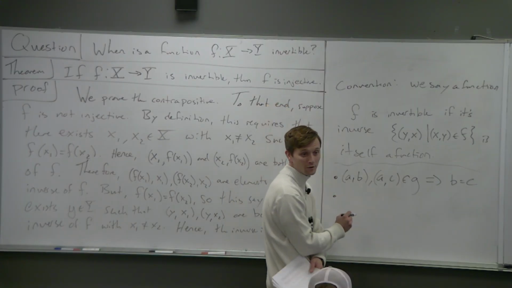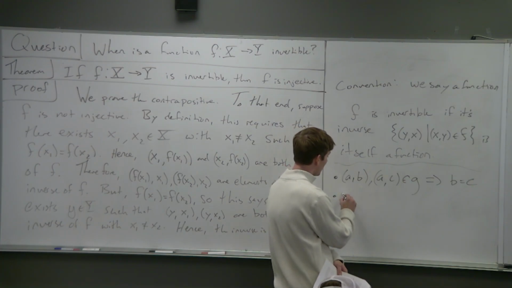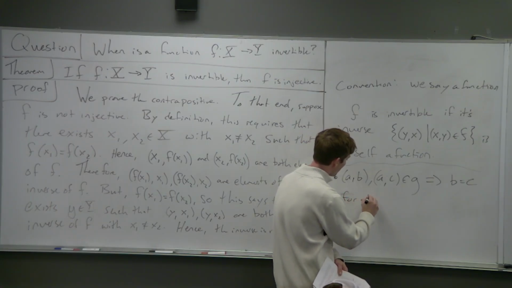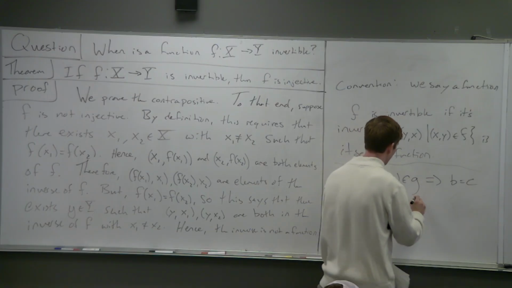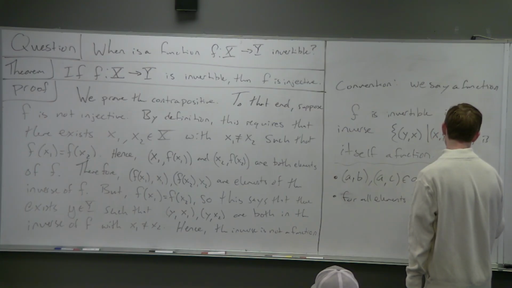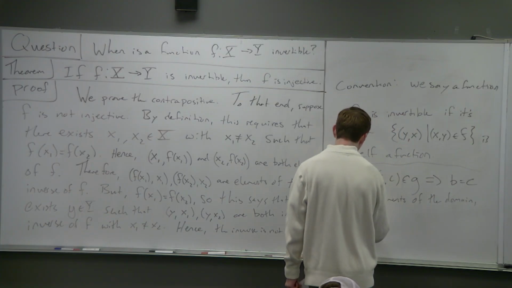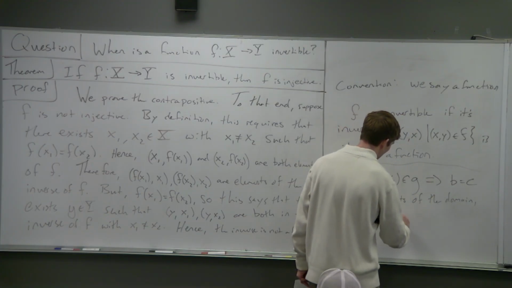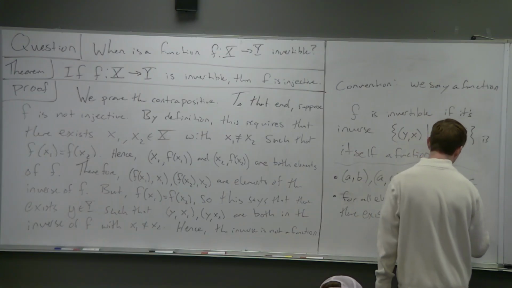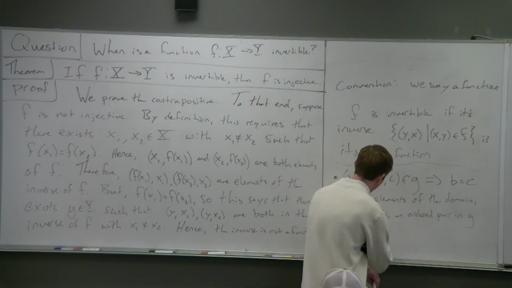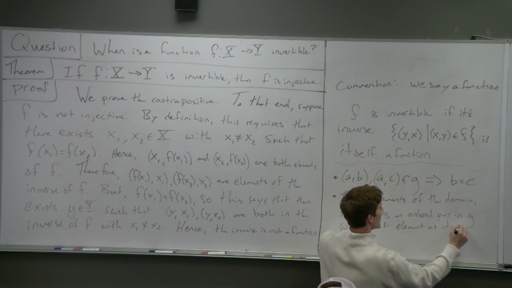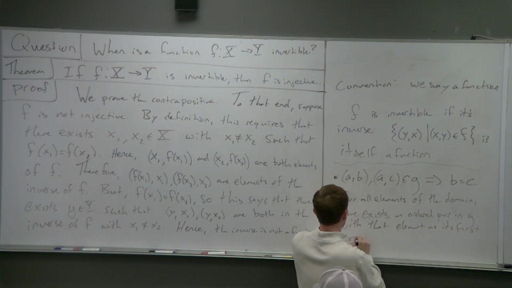And then there's another piece you also need, which says that for all elements of the domain, there exists an ordered pair in G with that element as its first entry.